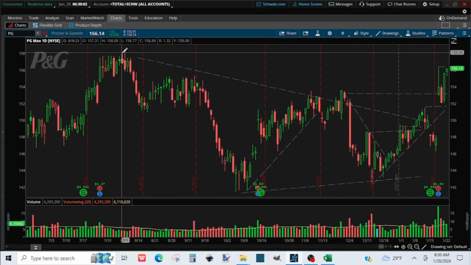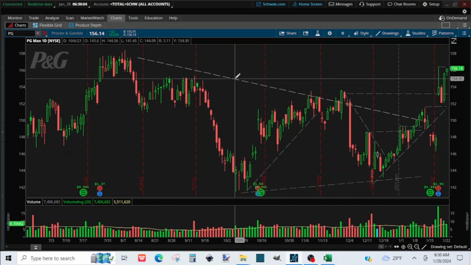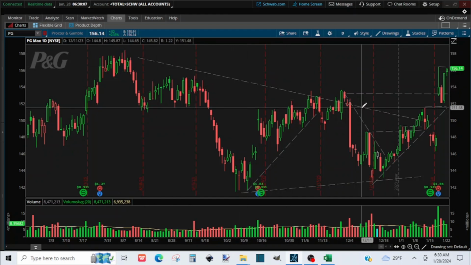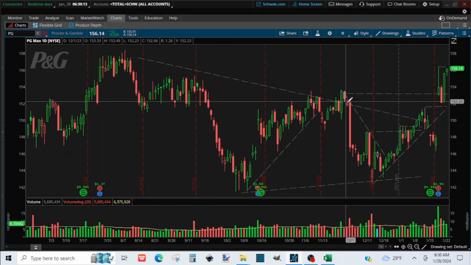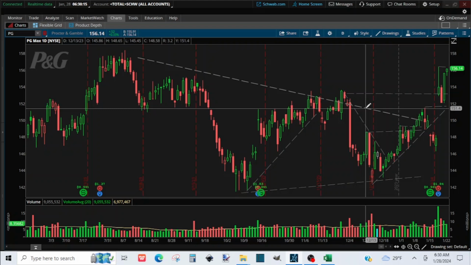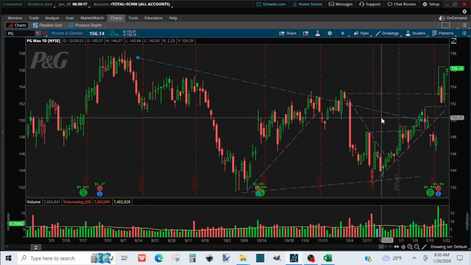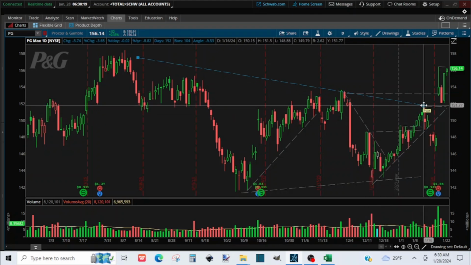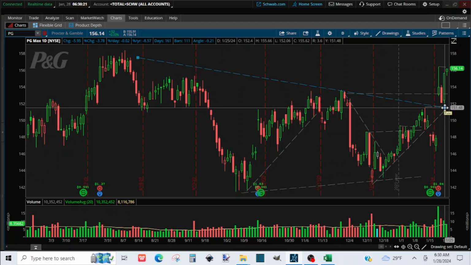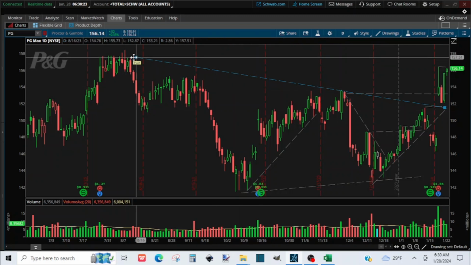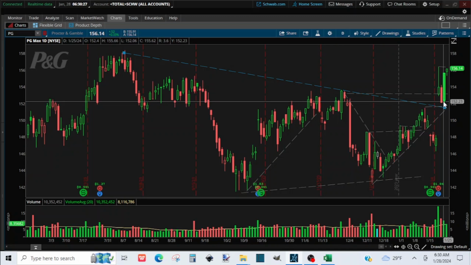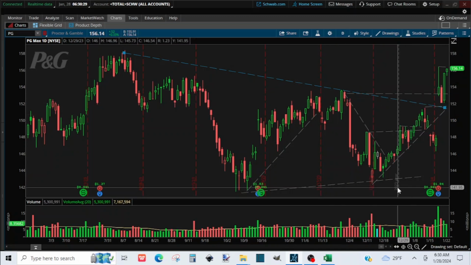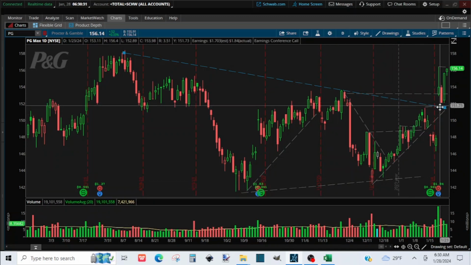So there is a major peak here that I have. Let me see, we have this mountain, and then we have this one. Okay, so we are dealing with a major downtrend that is trying to break.